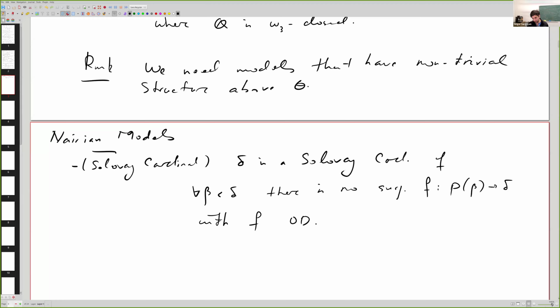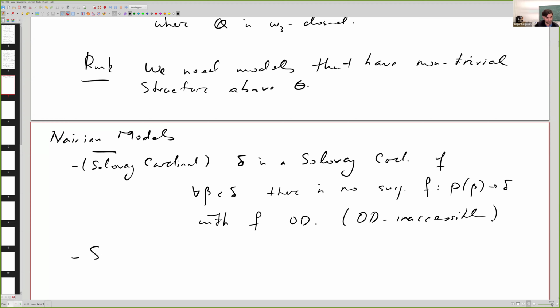So you cannot have an OD surjection from the power set of beta onto delta. You can also call it OD inaccessible. It's called a Solovay cardinal because these are exactly the things that are on the Solovay sequence.